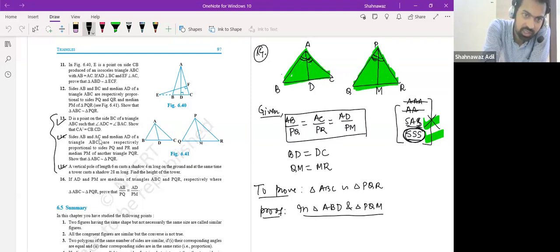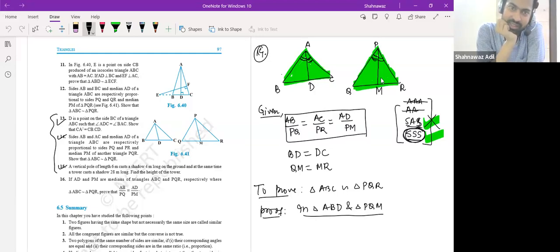Sides AB and BC, and you have the triangle, proportional to sides PQ. So AB by PQ, AC by PR, and AD by PM.